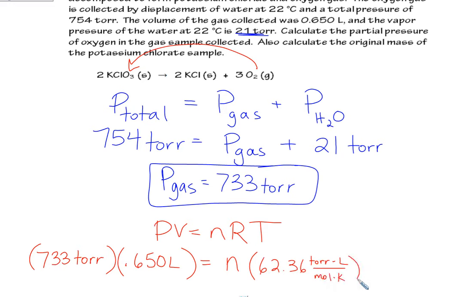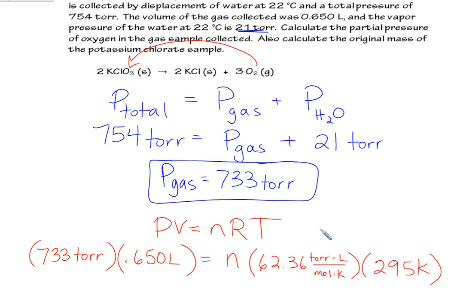And you can put these variables in any order. It could be liter torr per Kelvin mole or whatever you want. And then finally, temperature must be in Kelvin. So we'll take our 22 degrees and add 273. So we'll say 295 Kelvin.